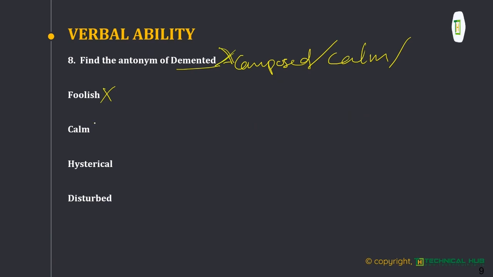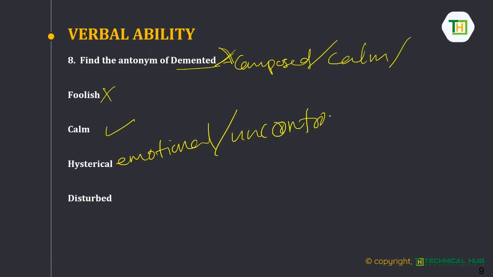Here option A, hysterical, meaning is emotional or uncontrollable. Then disturbed won't come here, right? These words, foolish, hysterical and disturbed, are all synonyms for demented, and the opposite of it is composed or calm. That is the thing.